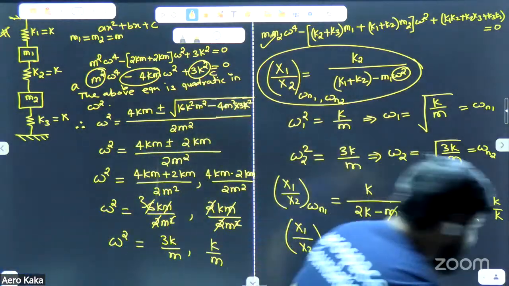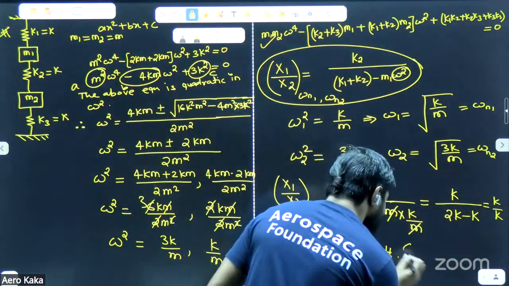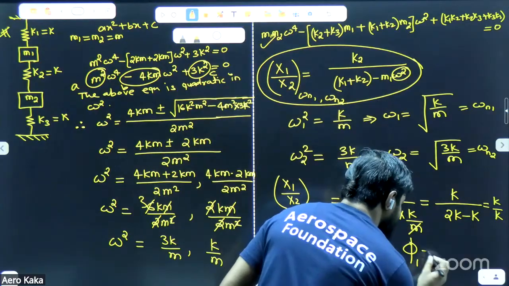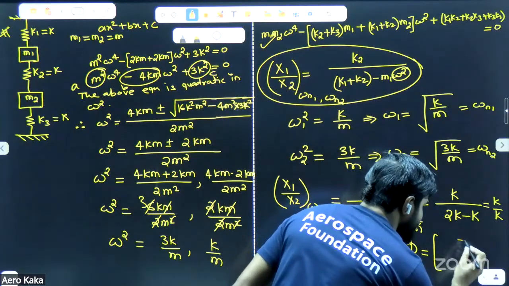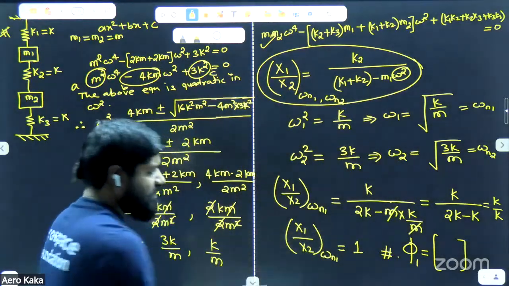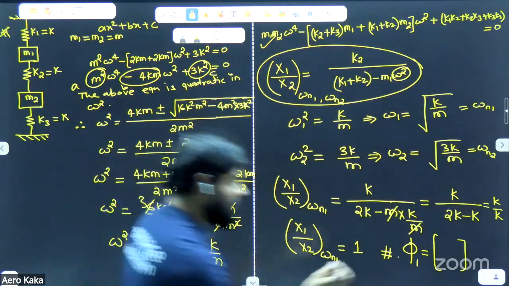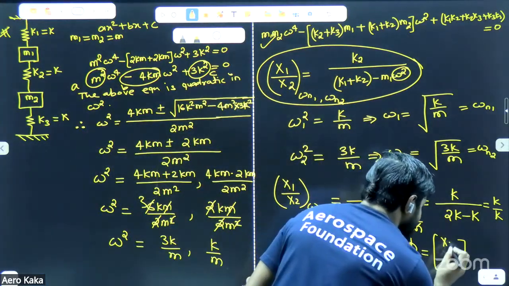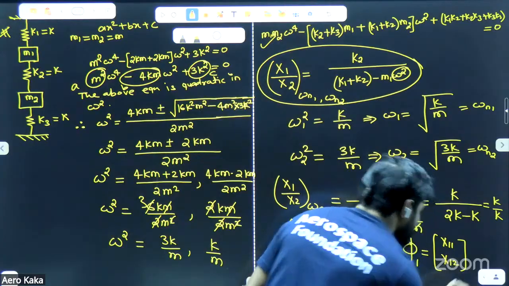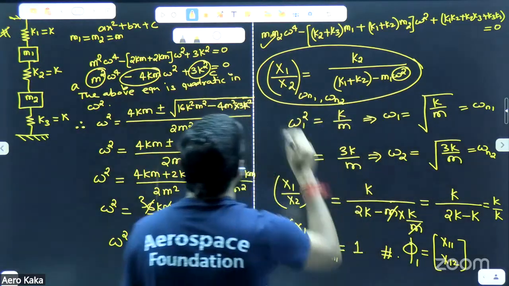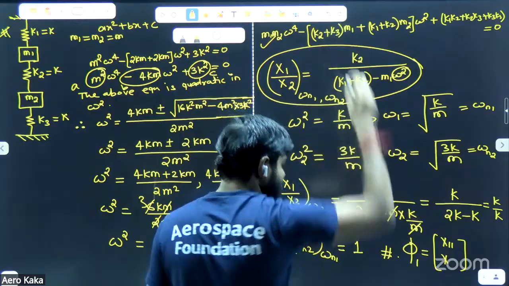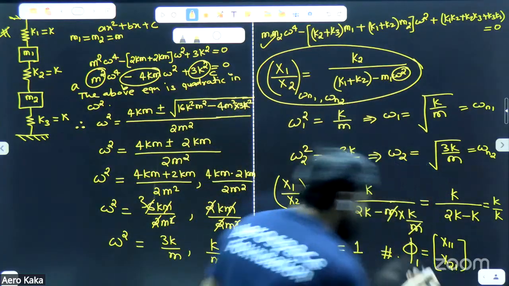And generally we also write this by the symbol, let's say phi 1, which is nothing but the matrix form. So if you are getting it as 1, it means you can write x11 and x21, not 12, it is 21, right? Please take care. How to understand this one?